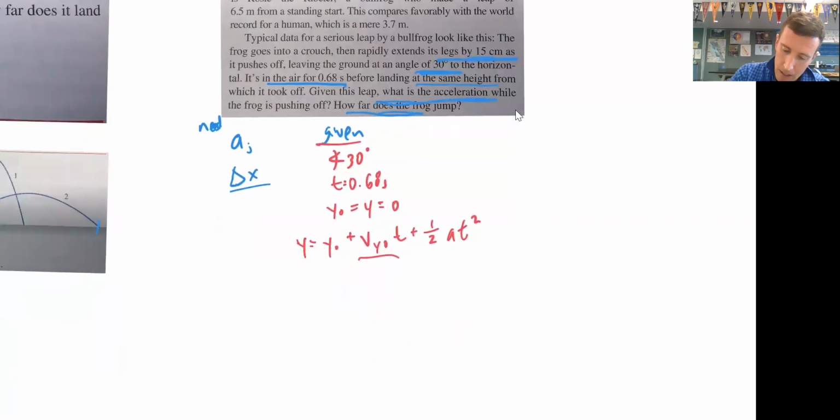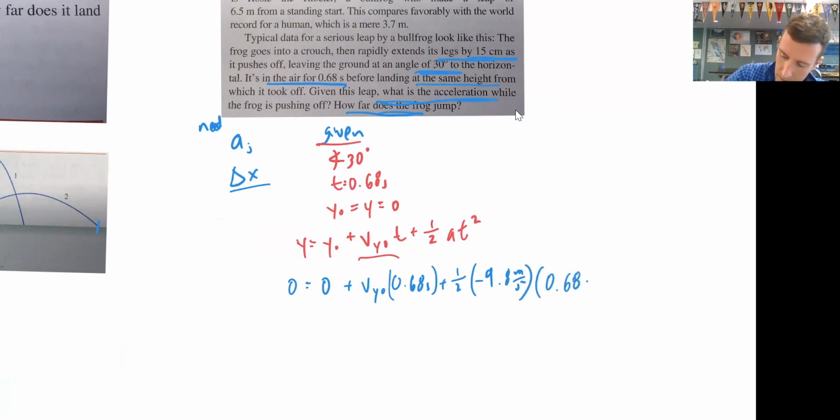So plug this in: 0 equals 0 because it's starting and ending on the ground, plus v sub y0 times 0.68 seconds, plus 1/2 times negative 9.8 meters per second squared, times 0.68 seconds squared.